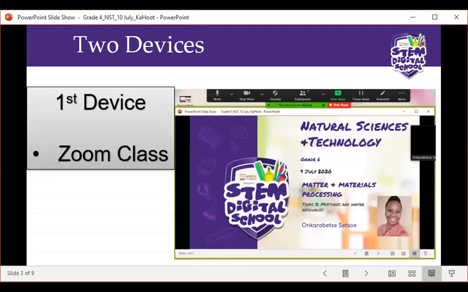So guys, if you are using two devices, this is how your first device should look like. You must not exit the Zoom class, right? I need you to stay on the Zoom class because that is where your questions are going to appear. And your first device should look something like this.